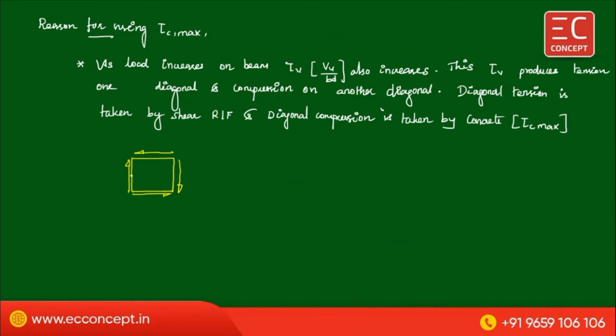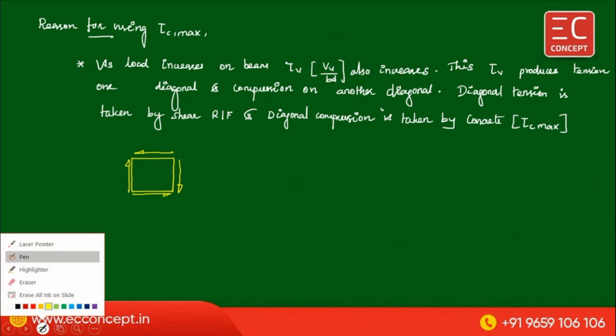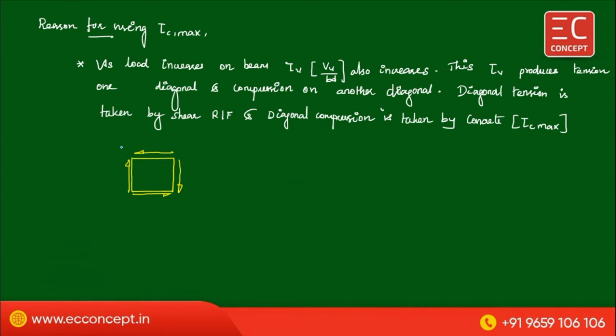Because of these two forces, this edge is getting elongated, but this corner point is contracting. Therefore, this is the plane, and along this plane it is subjected to failure.